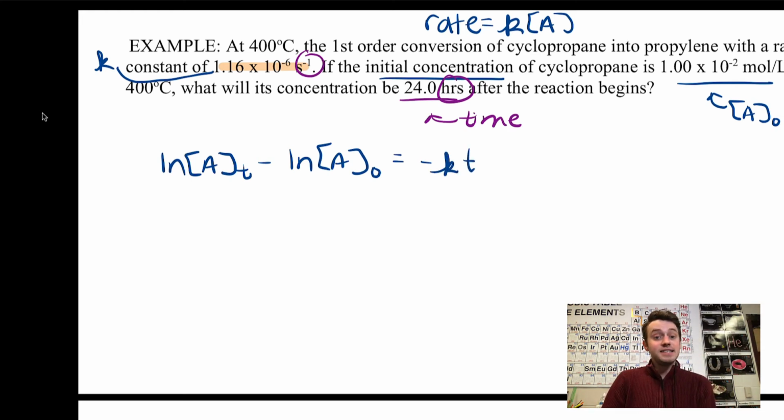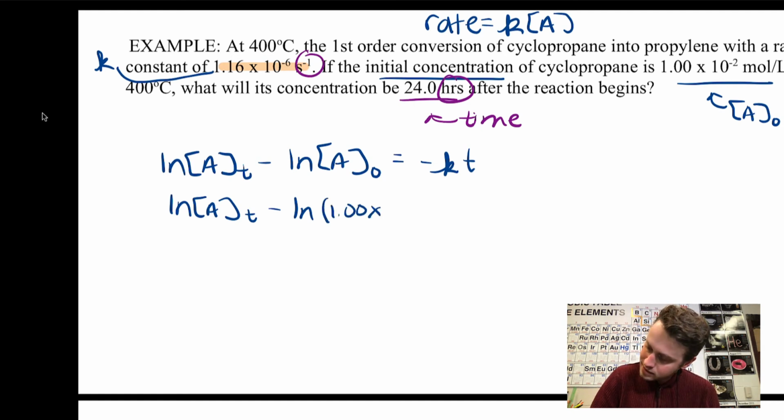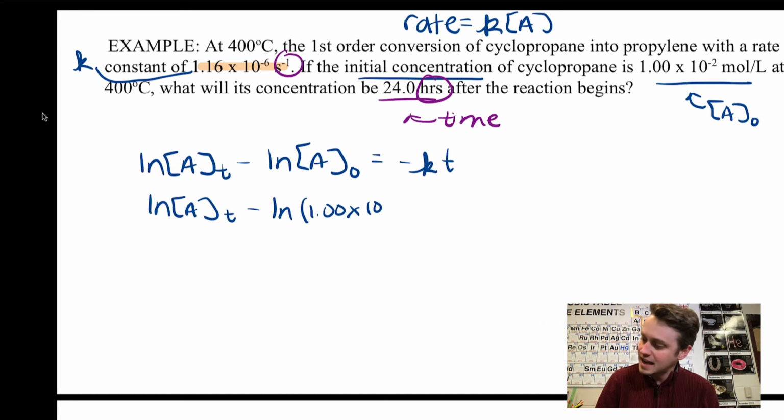Our concentration at time t is what we are trying to find, so I don't have that information. My initial concentration is 1 times 10 to the negative 2nd power. k is 1.16 times 10 to the negative 6th power, and it's per second.